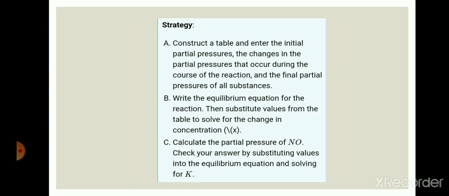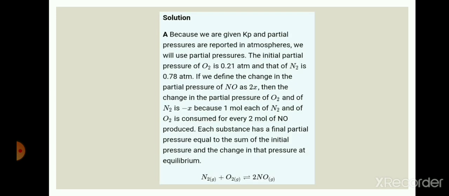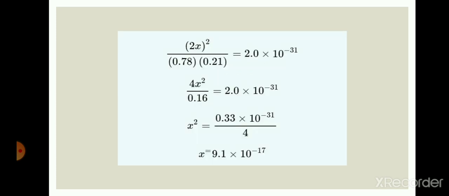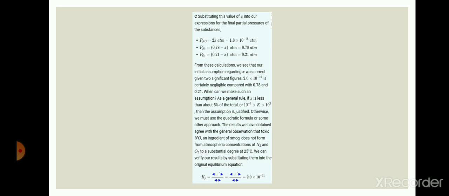Here is the strategy, and then the solution. Here we plug in the numbers, and we get the answer, which is 2.0 times 10 raised to the power of negative 31.